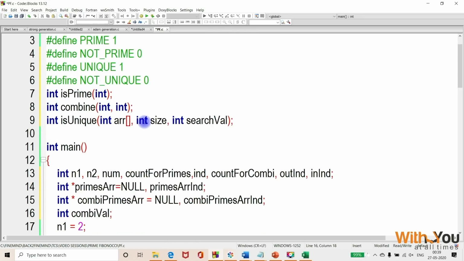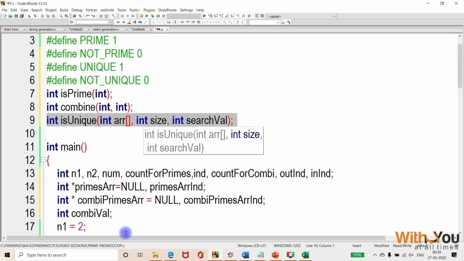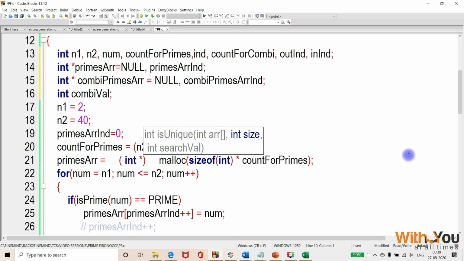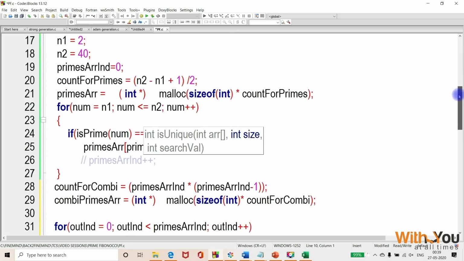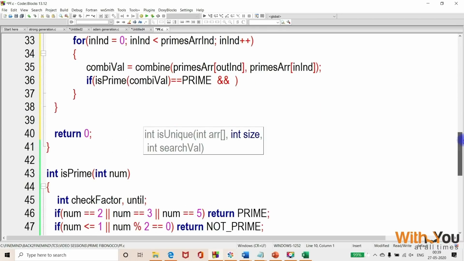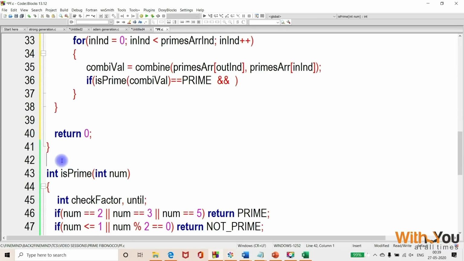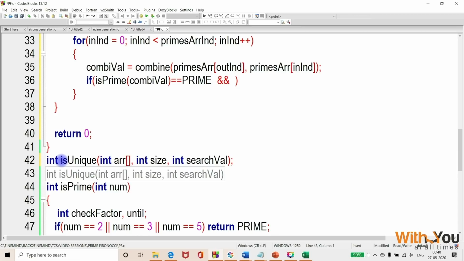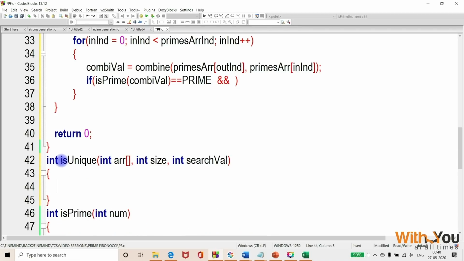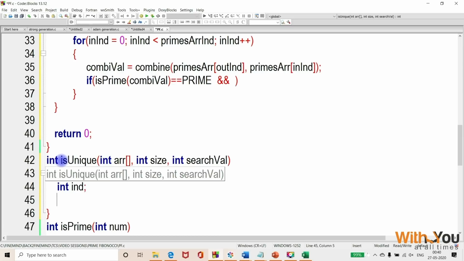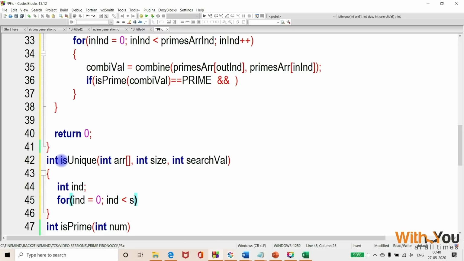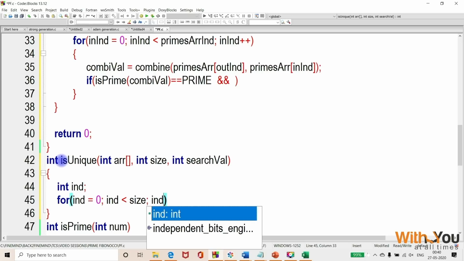Cool. So let's just write the code. Let's just have this prototype copied so that we can go down and write the code to check whether it is unique or not. Okay, hardly 3 lines. So I have an IND. I will walk on ARR for IND equal to 0, IND less than size, IND plus plus.